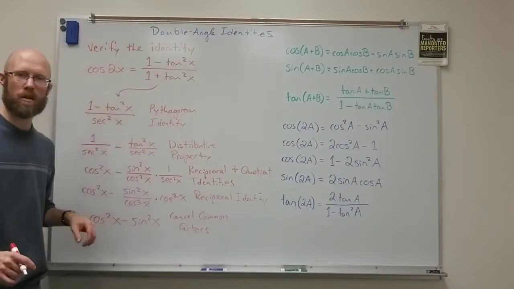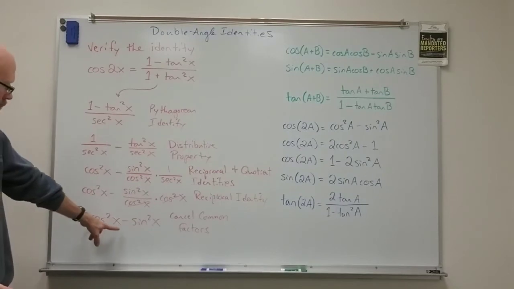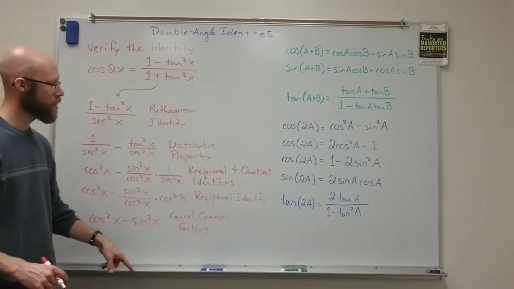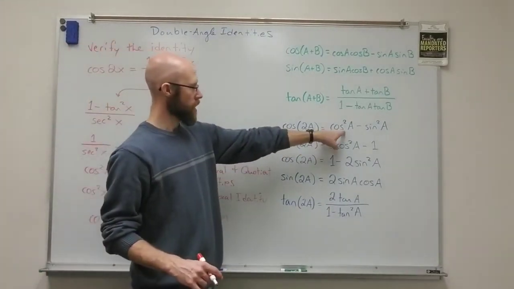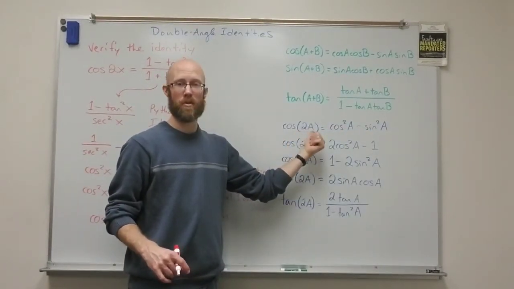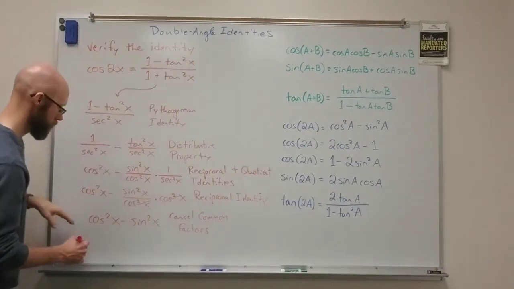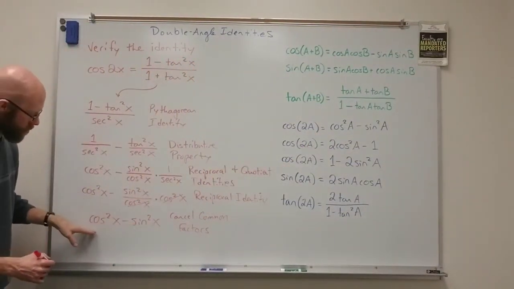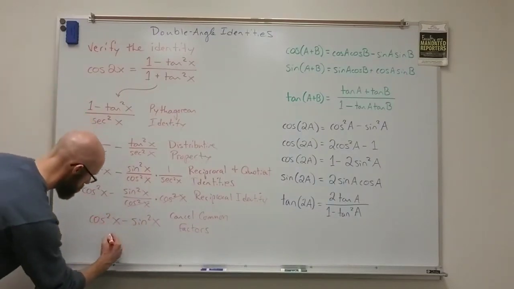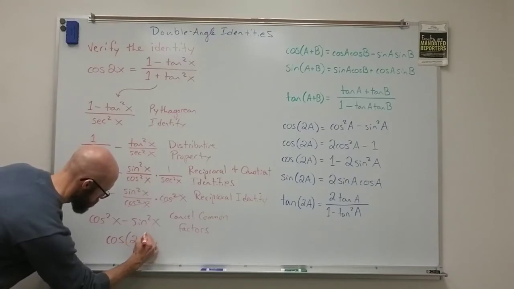I'm just about to run out of room, but I think I could squeak the last step in on the end. Now that I have cosine squared minus sine squared, I notice that that fits my formula for the cosine of 2a, or 2x, I guess, in our case. All right, so cosine squared minus sine squared is the same as the cosine of 2x.